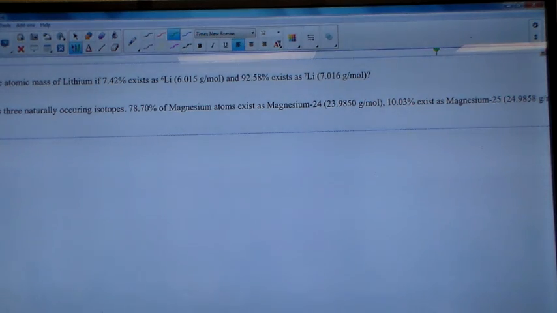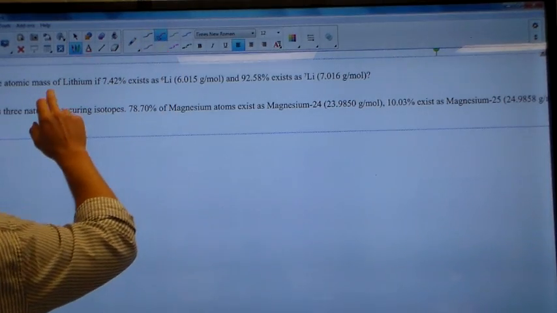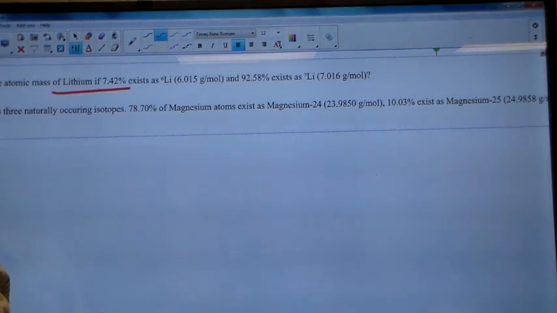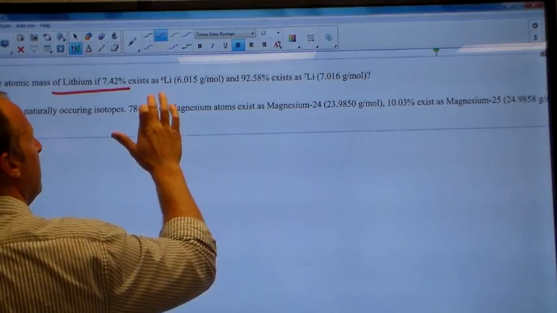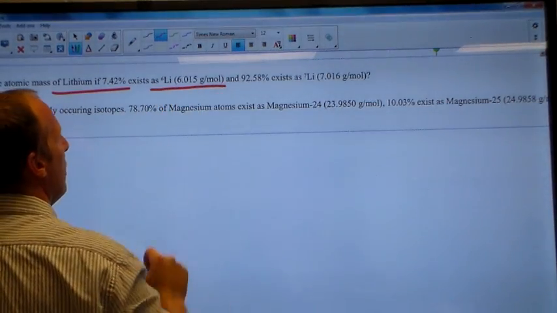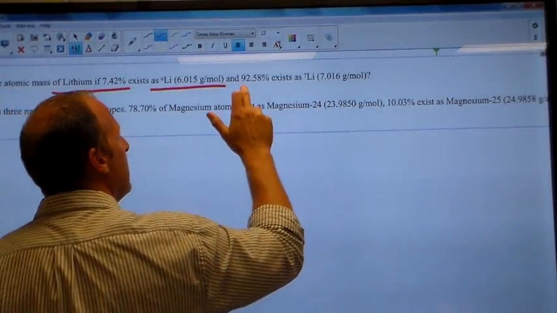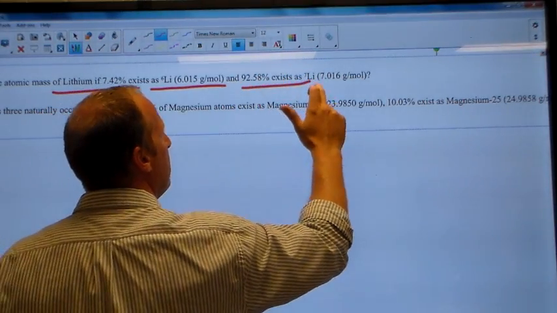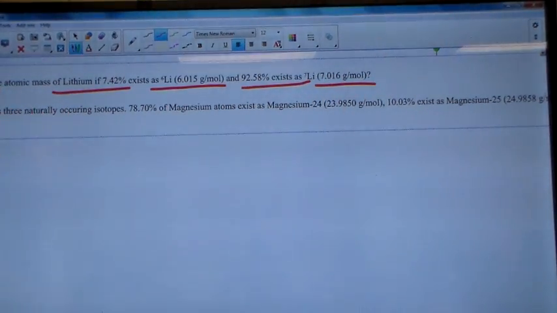average atomic mass. So in this question here, we have lithium. 7.42% of the time, we find lithium 6.015. 92.58% of the time, we find lithium 7.016.